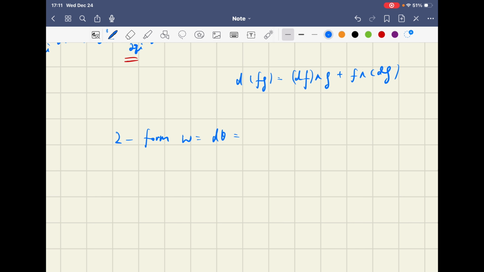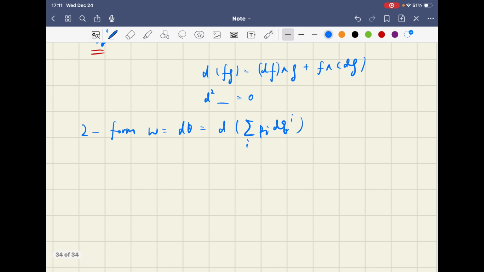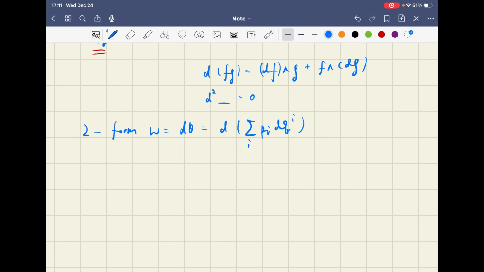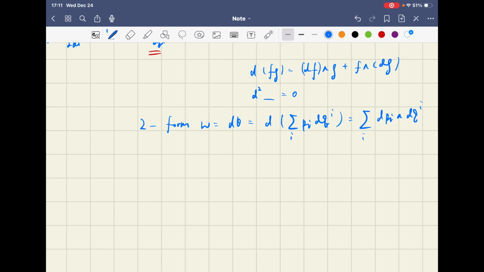It also satisfies that if you apply the exterior derivative two consecutive times, d squared, you result in a 0. So let's apply it to the expression of theta. And obviously for the dqi counterpart, you will obtain something like d squared qi, and that term is 0. So the only term left is sigma i dpi wedge dqi, and that's the expression for the two form omega.